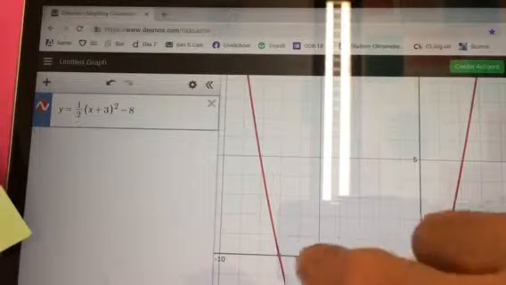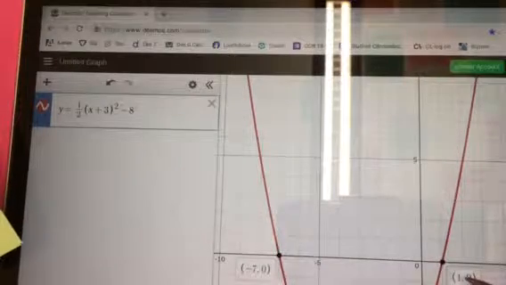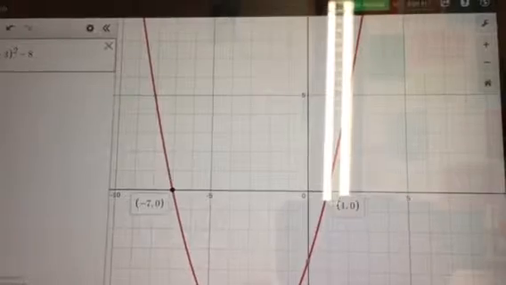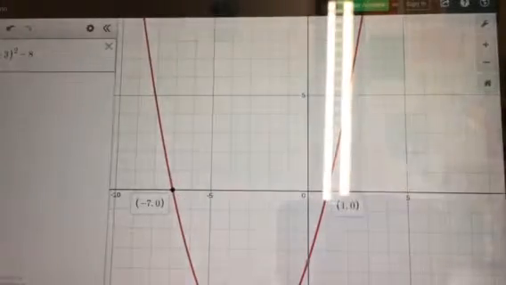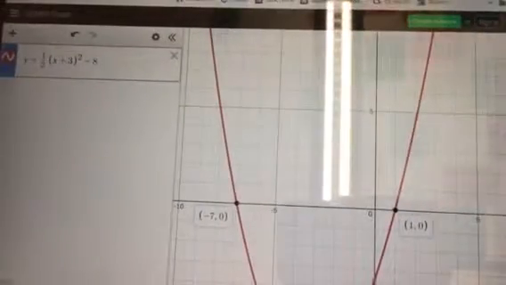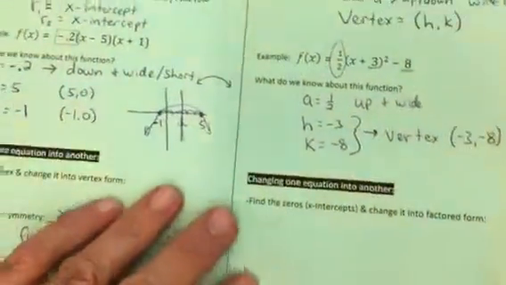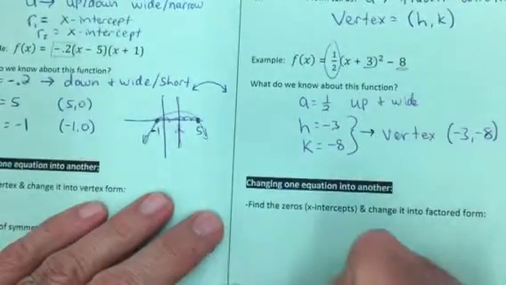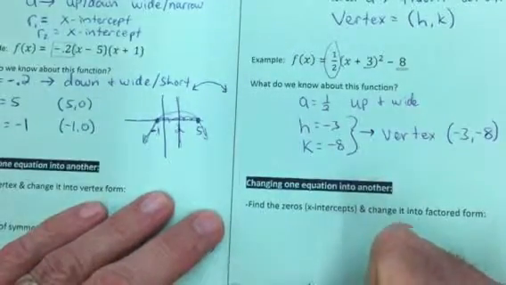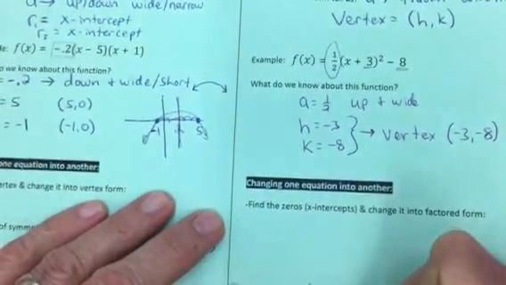All right, I've got some intercepts. Let's check it out. Can you see it? I've got 1 and negative 7. Negative 7, 1. Those are my x-intercepts, also my solutions. Negative 7, 0. 1, 0.